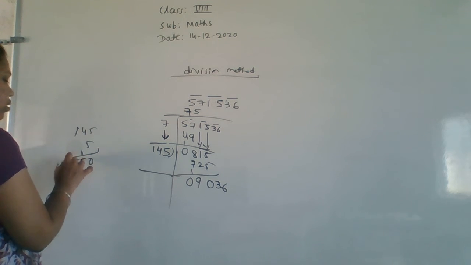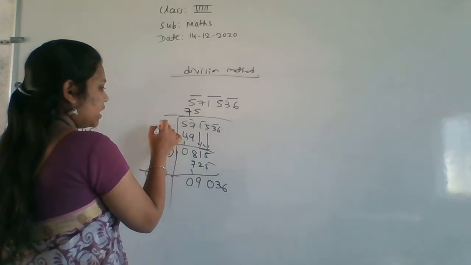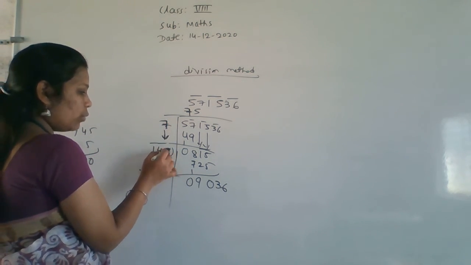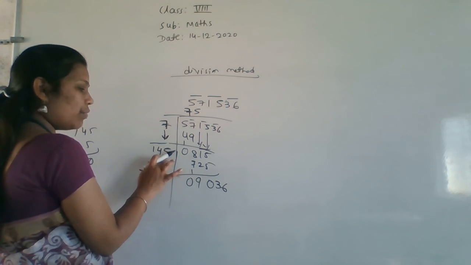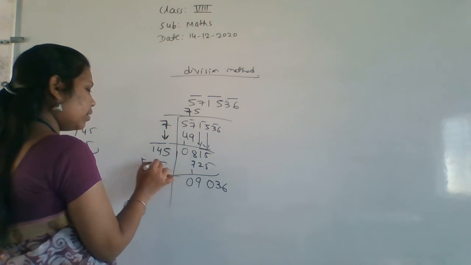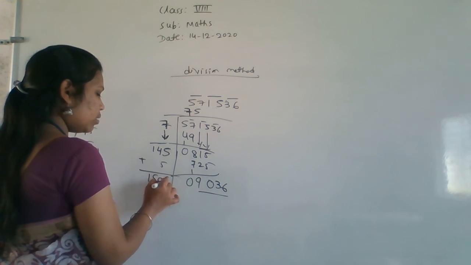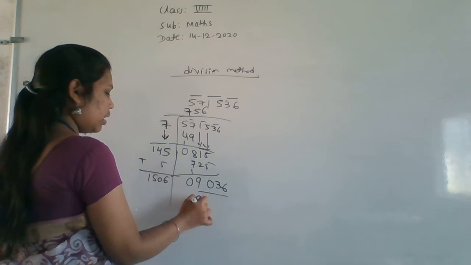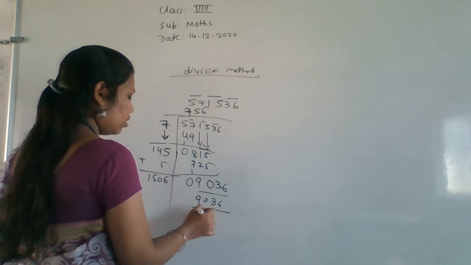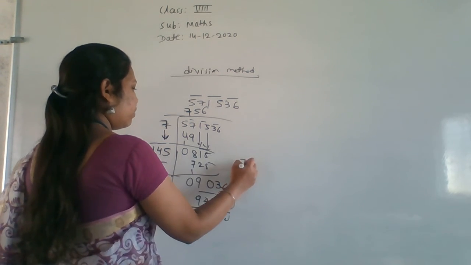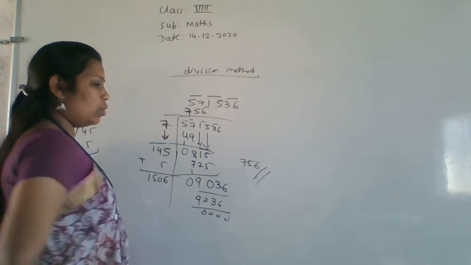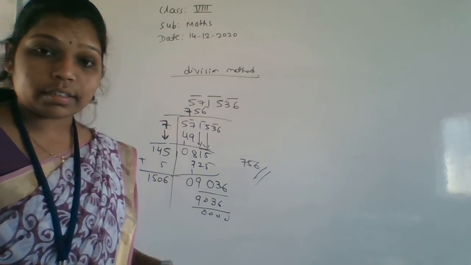Only the ones place value we have to add. In the ones place what is the value? 5. So add 5 here, which means it will become 150. Now the number is like this, 9036. So what is the answer? 756. This is the square root of that number.